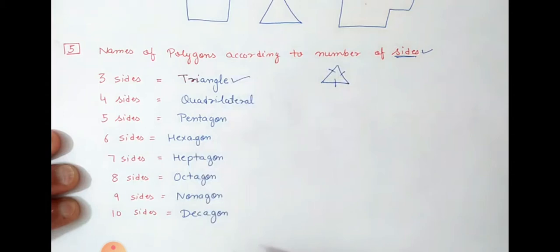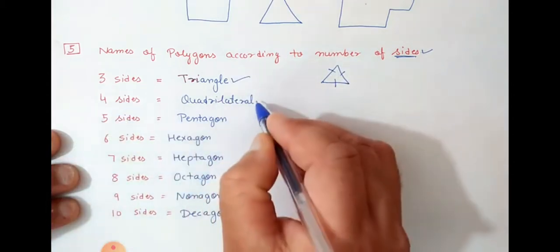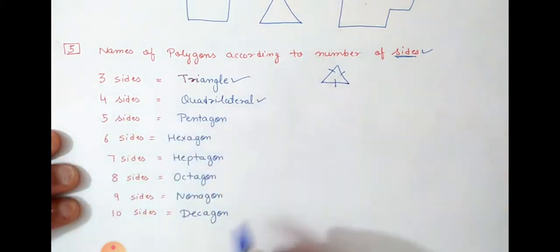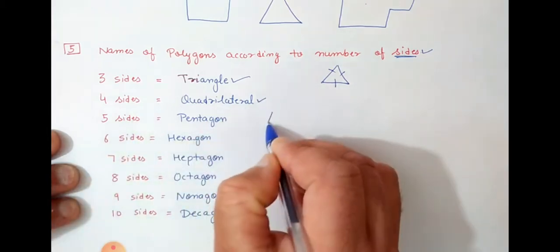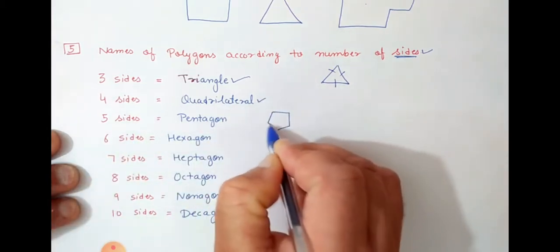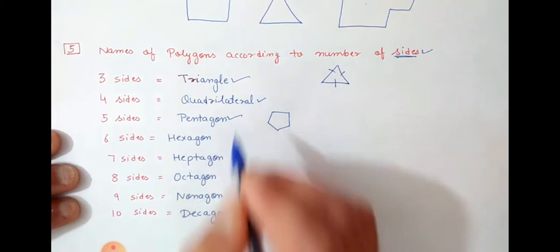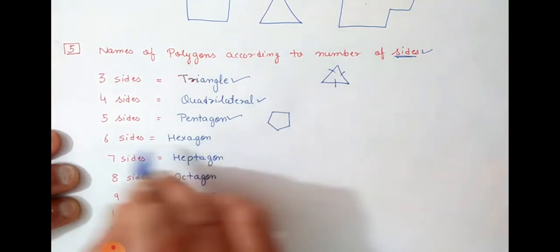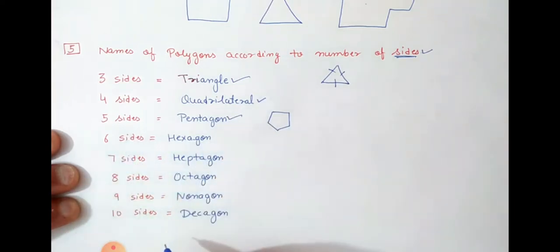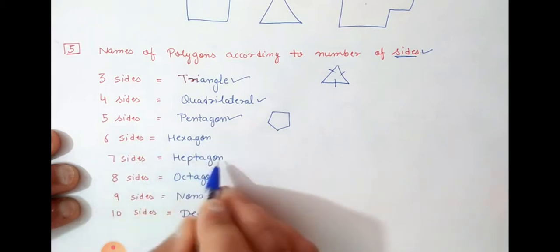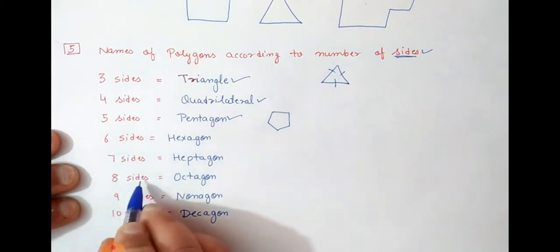That is called a triangle. 4 sides means quadrilateral. 5 sides means pentagon. So this is an example of a pentagon. Pentagon means 5 sides. And 6 sides means hexagon. Hexa means 6. Hepta means 7.